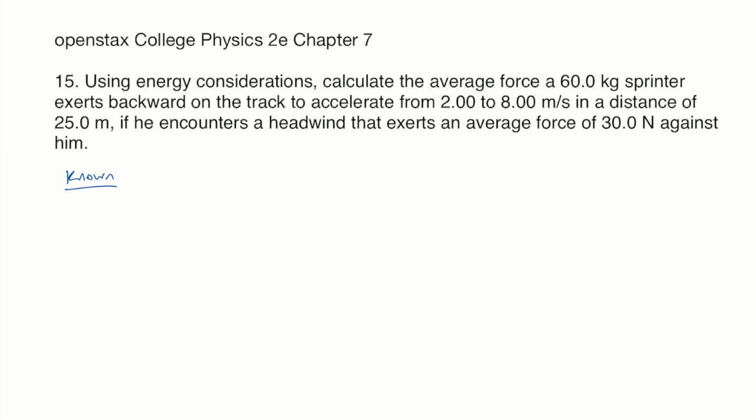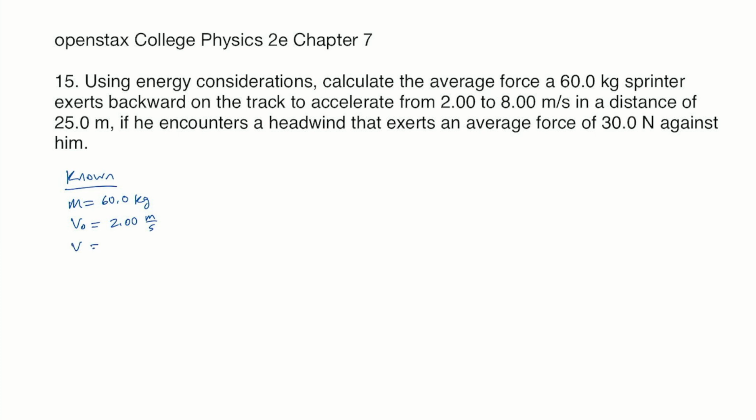We know the mass of the sprinter, and that is 60.0 kilograms. We know the initial velocity, I'll use v naught, is 2.00 meters per second.